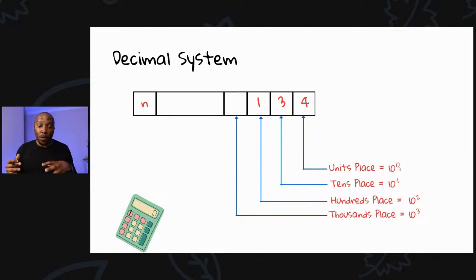And then your thousands are 10 to the power 3, which is 10 times 10 times 10. So we would read this number as 134, but in actual fact, in the real decimal context, it is 1 hundred, 3 tens, and 4 units. That's how you get to 134.